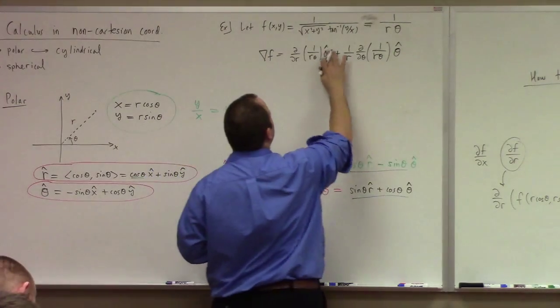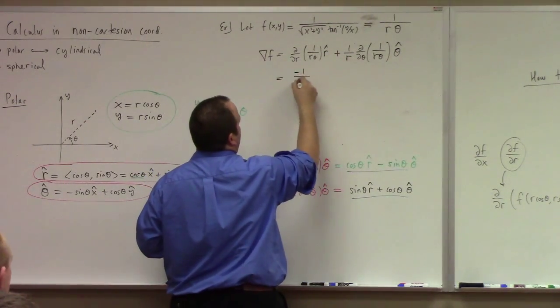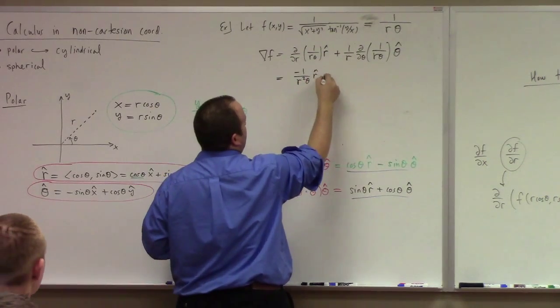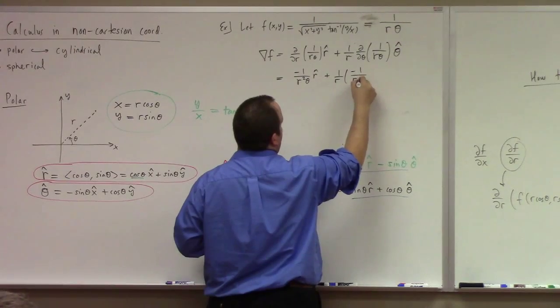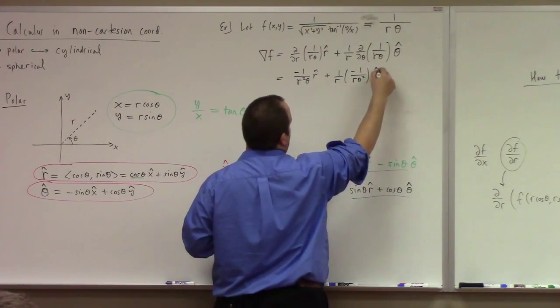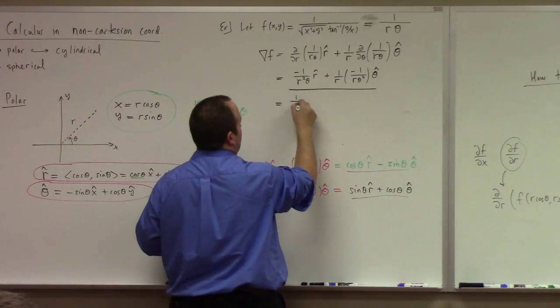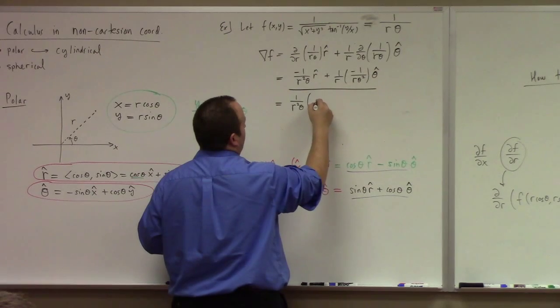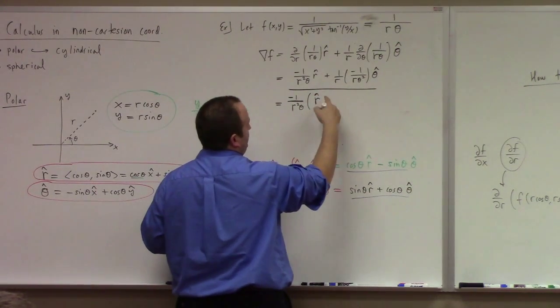And so minus 1 over r squared theta, r hat, plus 1 over r minus 1 over r theta squared, theta hat. And I guess I could clean it up. You asked me to, so I will. So this is minus 1 over r squared theta, and that's r hat.